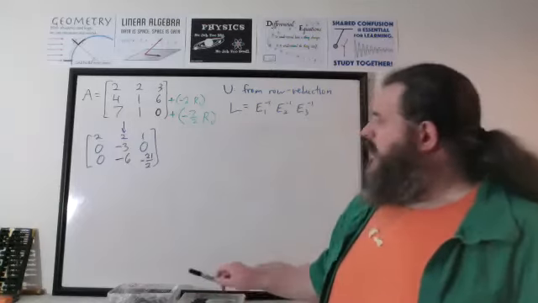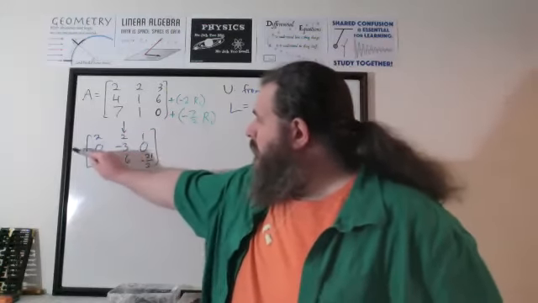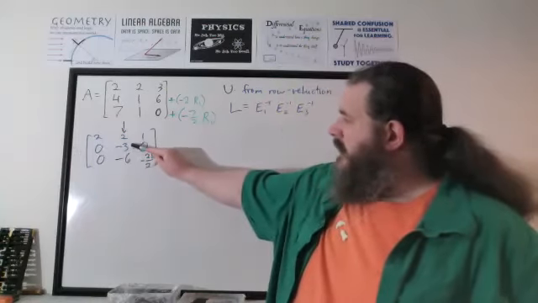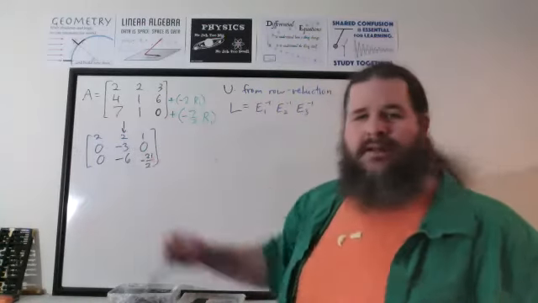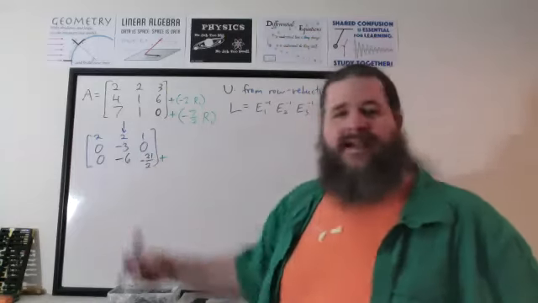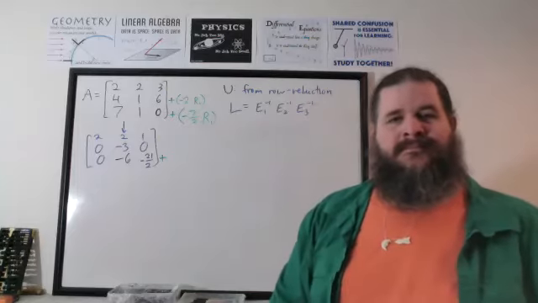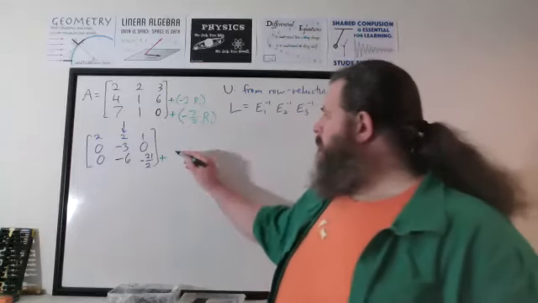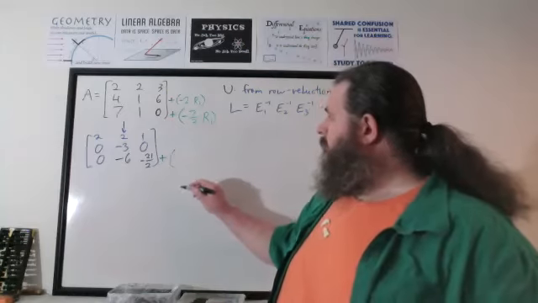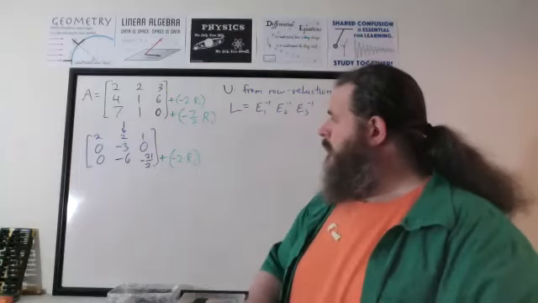And then one more step. We've used this 2 to eliminate everything else in that column. Next, we want to use this pivot, the -3, to eliminate everything else in that column. So what operation could we do to row 3 that would get rid of this -6? Multiply row 2 by -2. -2 times row 2 should do it.